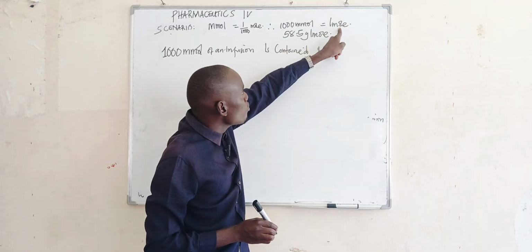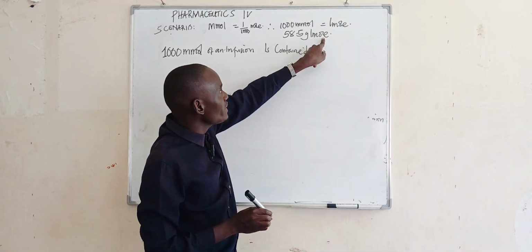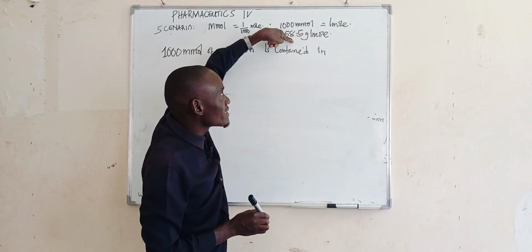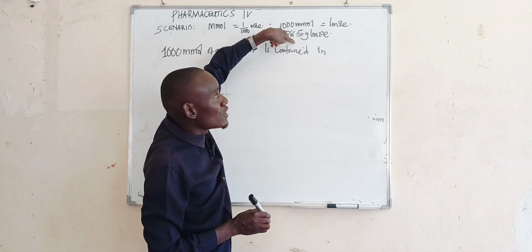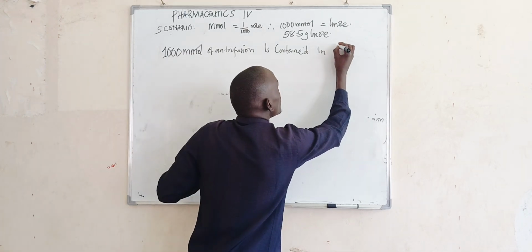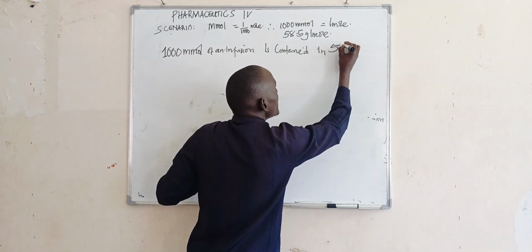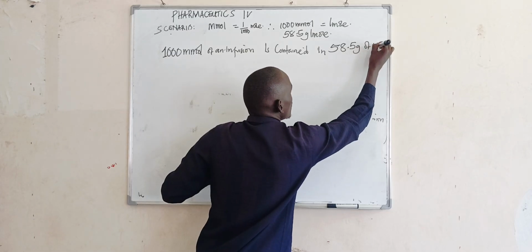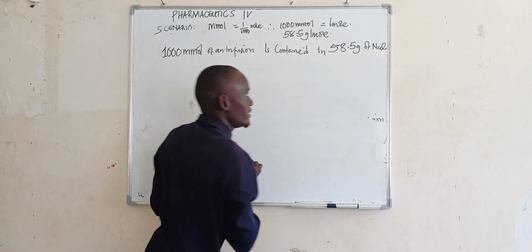But since 1 mole, according to molecular weight, is the mass of a substance, the 1,000 millimoles will be contained in 58.5 grams of sodium chloride.